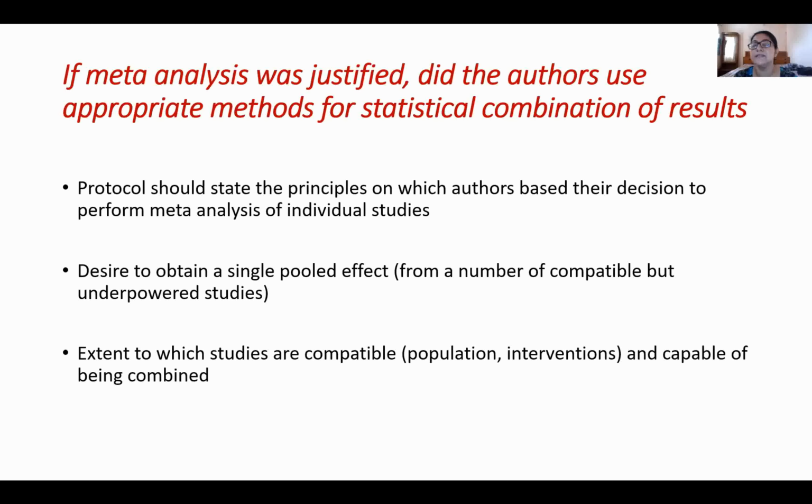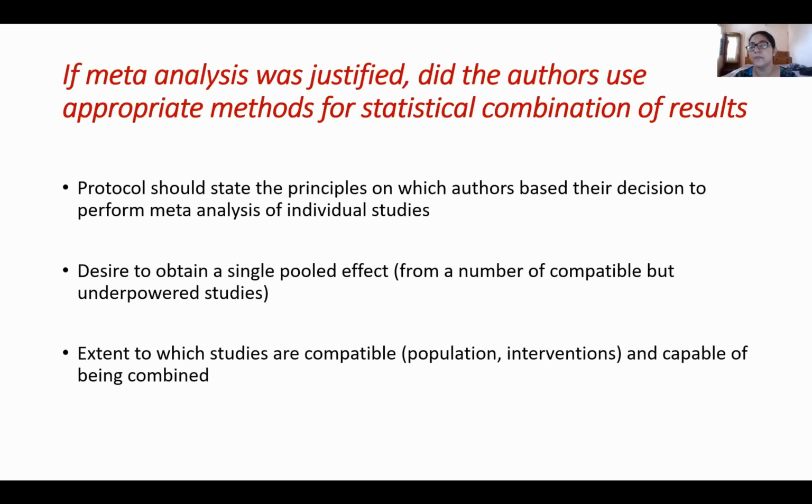So in some cases, there may be a number of relevant studies which are compatible also. That means the results are similar, study settings are similar, but each study individually may have less power. So if we combine and obtain a pooled effect or a combined effect, we can have a better picture of the outcomes and interventions.